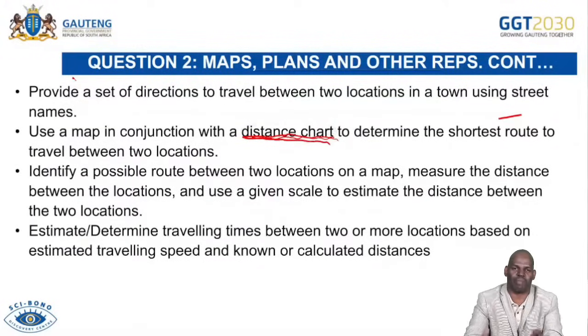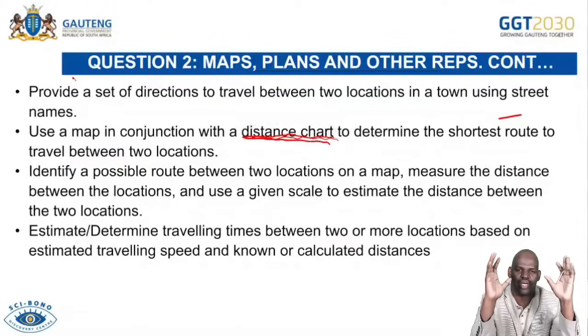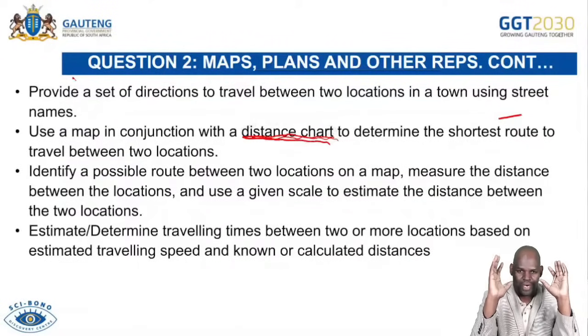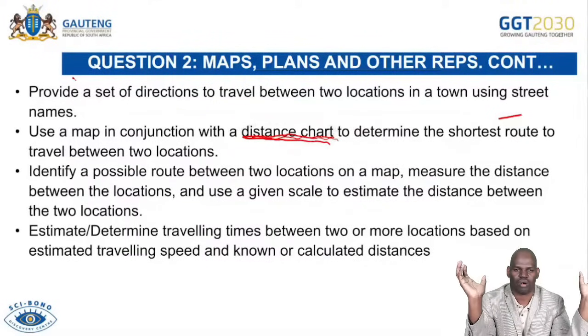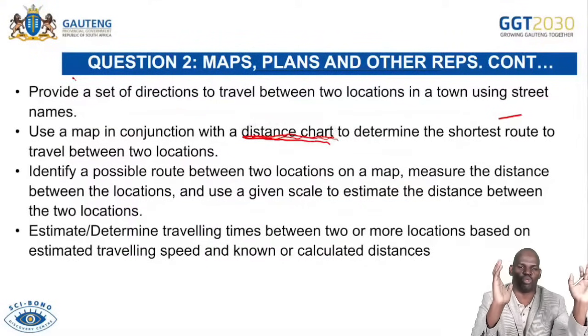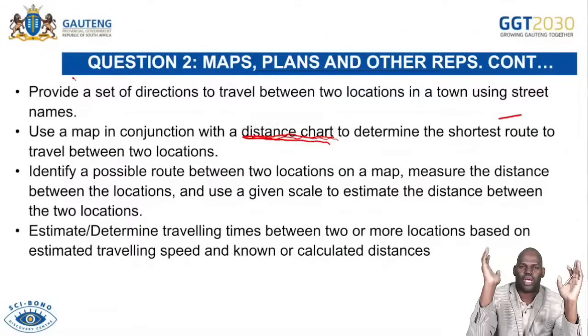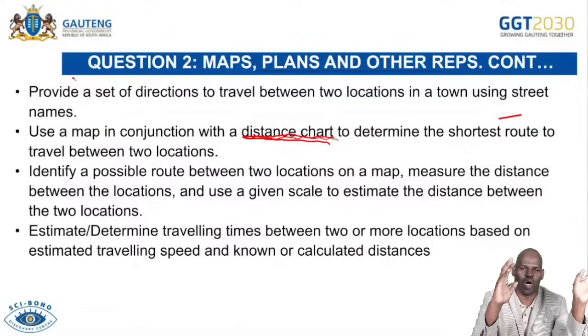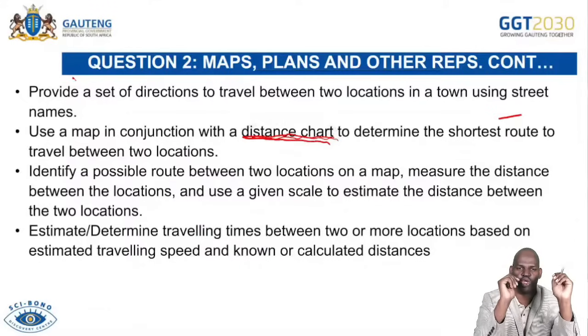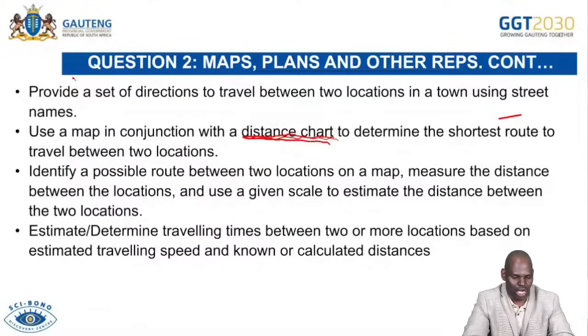The distance chart, remember, is that table that indicates the number of kilometers between different places. Like for instance, it will show that the distance between Pretoria and Johannesburg is about 60 kilometers, or about 55 kilometers. Or between Johannesburg and Cape Town, it's so many kilometers. So you must be able to use that chart as well.